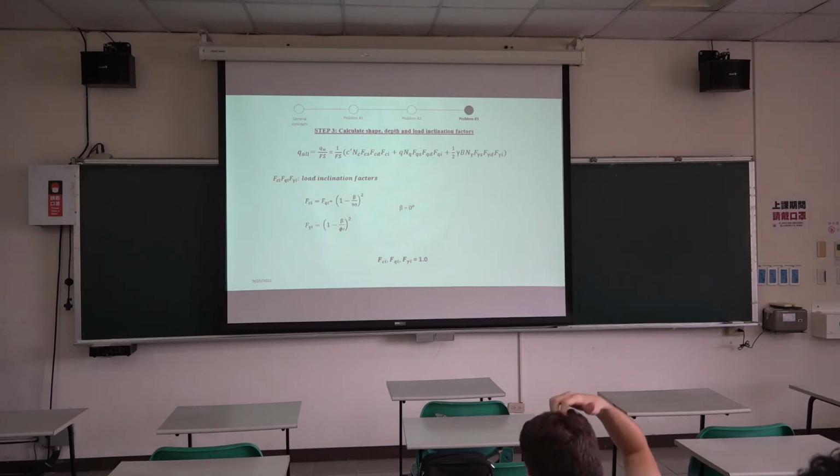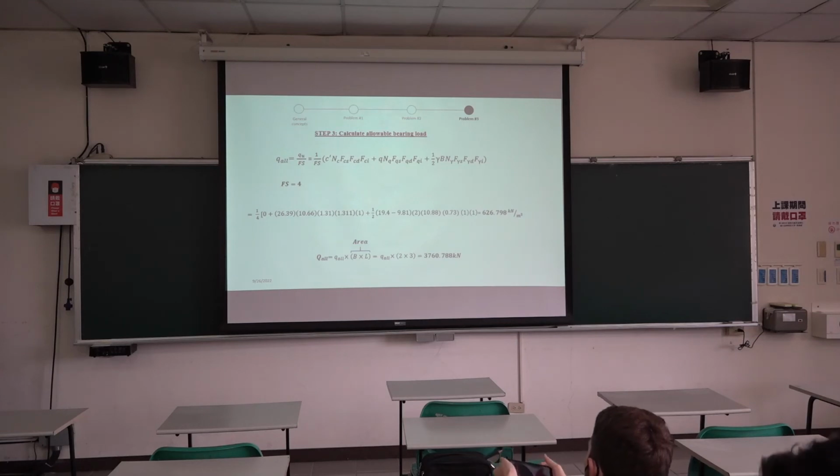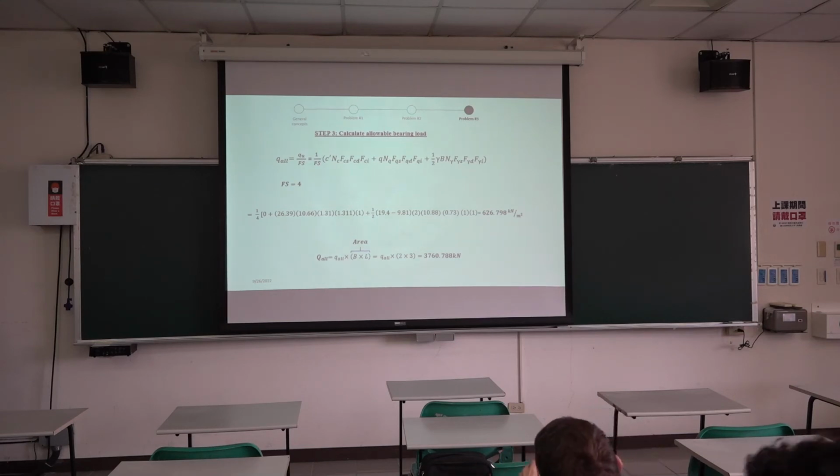So the last step now is, since you've collected all this information, you just put it in the equation. Okay? Our equation is going to be a bit longer because now we have the cohesion component. And we have to factor in all these calculations. All right. So after doing all these calculations, we get the allowable bearing capacity.